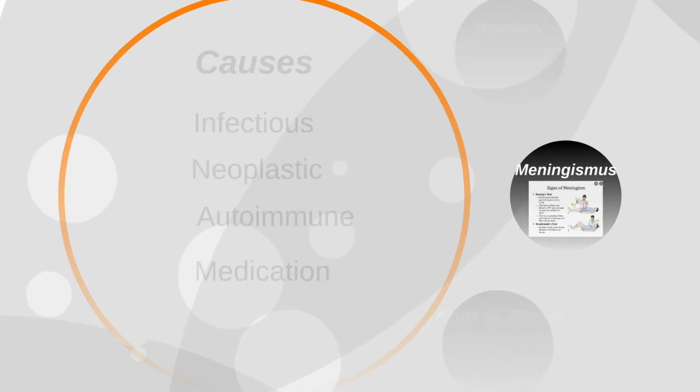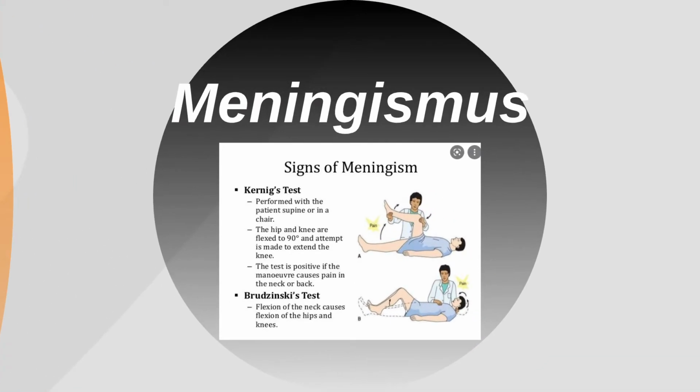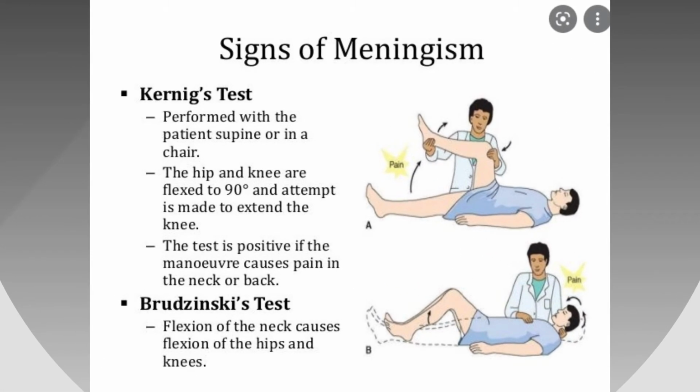And clinically, one can see evidence for meningismus, which traditionally was tested for by the use of either Koenig's or Brudzinski's or both. But the last time either of those maneuvers has been done in our hospital is, who knows. Koenig's test was when you flex the hip to 90 degrees and then extend the foot out, it will cause pain, and usually the patient will bring their neck up.